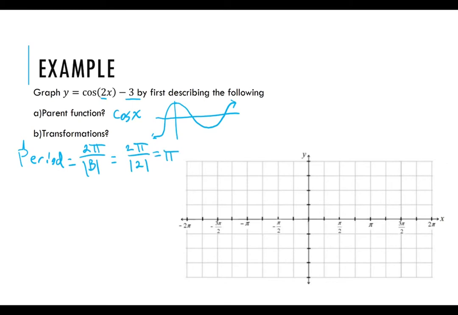Now, think about this. What's going to happen? Instead of everything occurring in 2 pi radians, we're going to get a full cycle of cosine in pi radians for this transformation. One more thing that happens is that we get a vertical adjustment, and that vertical adjustment makes it go down 3. And so, because of that minus 3 on the outside of the function, we know we're shifting down 3. And so, you're shrinking it and shifting it down.